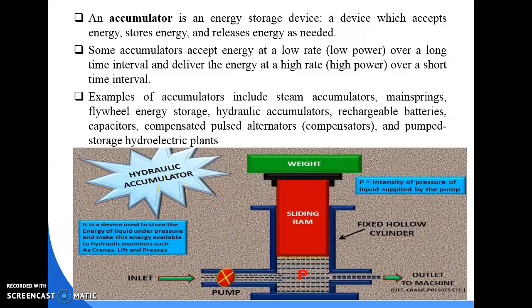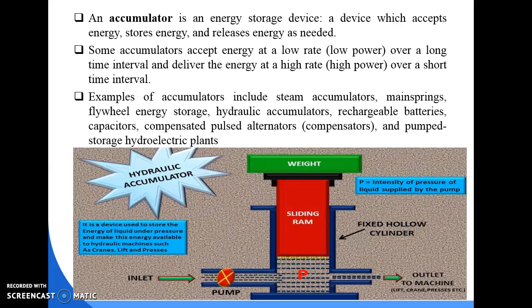Generally, an accumulator accepts energy, stores energy, and releases the energy as needed. As previously discussed about the hydraulic clamp, the injection process is carried out by using an accumulator. The accumulator accepts the energy at a low rate over a long interval of time and delivers the energy at a high rate over a short time interval.